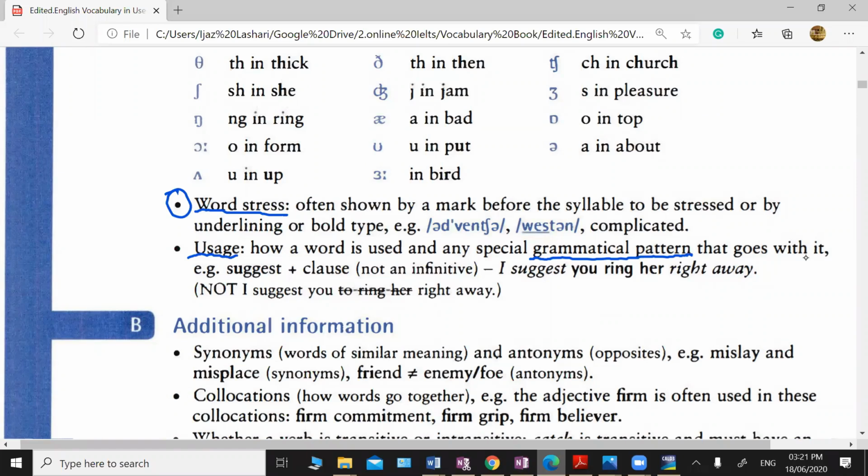For example, suggest plus clause. It says not an infinitive. I suggest you ring her right away.